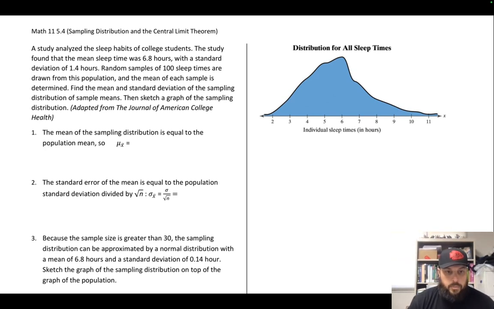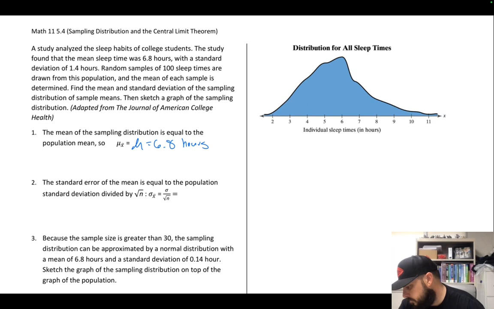So the mean of the sampling distribution is equal to the population mean. So mu x bar, or our sampling mean, is equal to mu, which is equal to 6.8 hours. Okay, so pretty straightforward identifying that. Then 2, the standard error of the mean is equal to the population standard deviation divided by the square root of n.